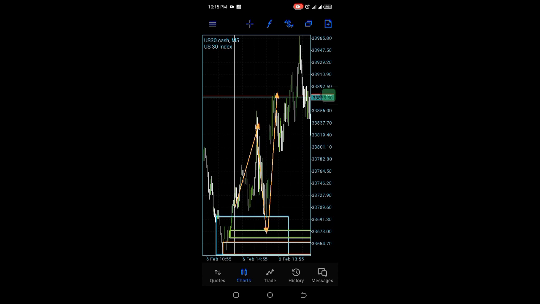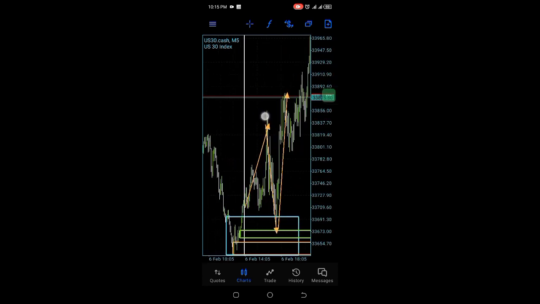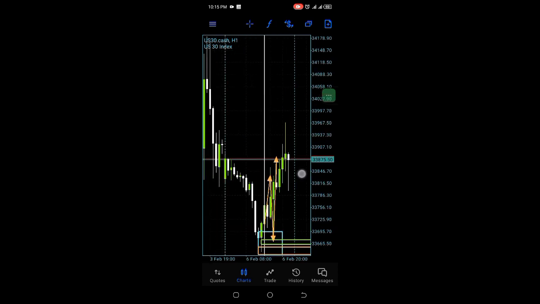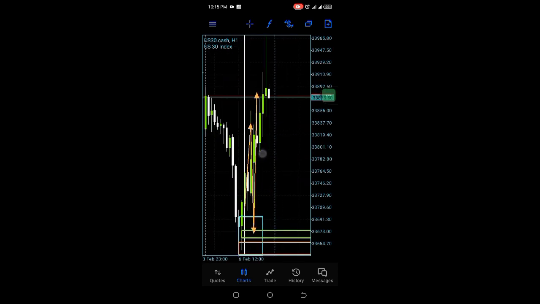Or you can just target previous high, target this area on the M5, or move back to the H1 and look for areas to target. Probably you target this high here for your TP, or you just move 1 to 3 and keep moving your SL, and then you just kill it.